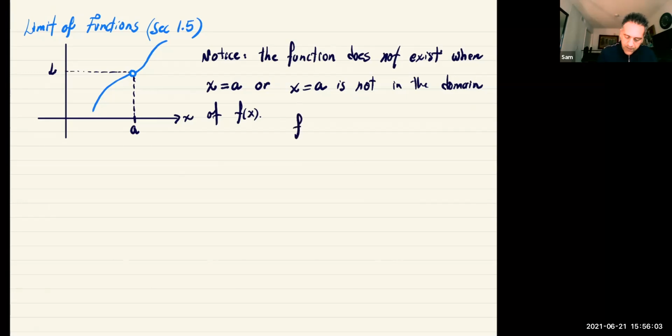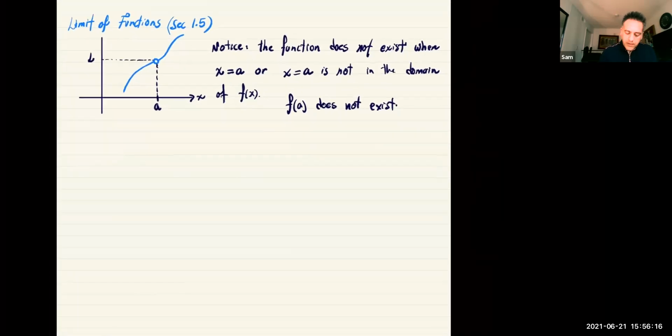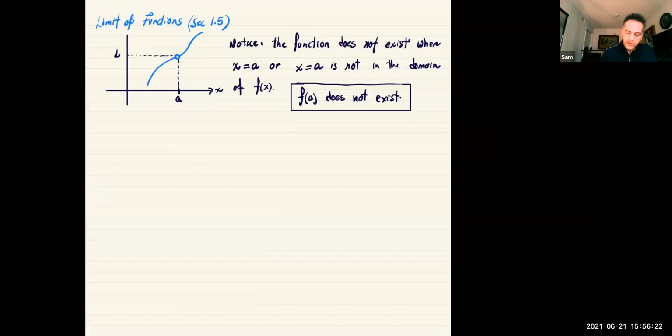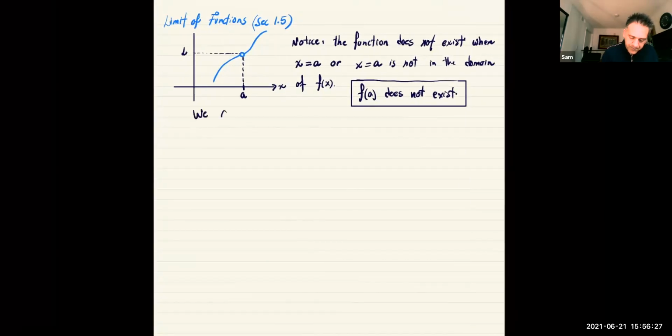F of a here does not exist, and it's not equal to L. Let me just box that because it's really important. F of a does not exist, so we cannot say f of a is equal to L. This is wrong. F of a doesn't exist, period. So it can't equal L.